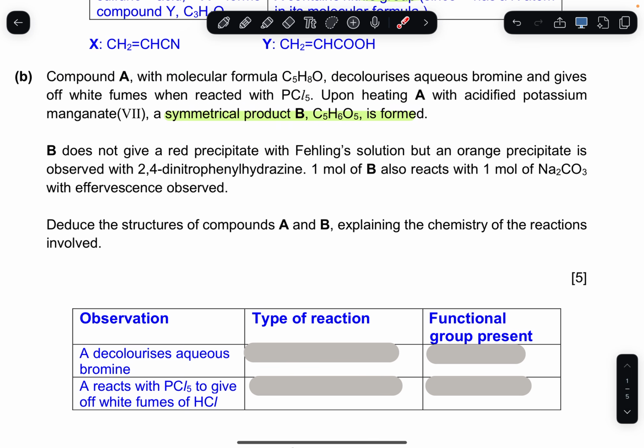So this is your key clue to tell you that A was cyclic, such that after you cut the double bond, it still remains as 1 product. So the reaction here is oxidative cleavage. And as well, just now you identified there's alcohol. Now this alcohol is oxidized.